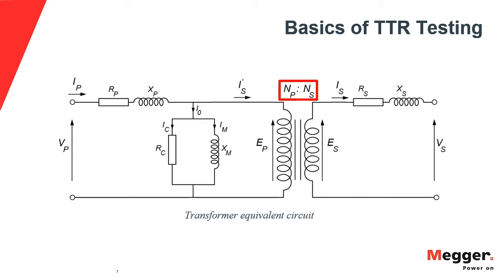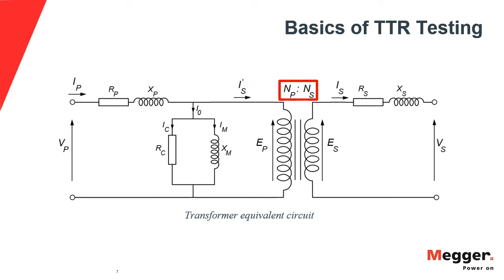So what are we measuring? The name of the test is transformer turns ratio. And as you can see here, what's highlighted in this transformer equivalent circuit is that relationship: the amount of turns that I have on my primary winding compared to the amount of turns that I have on my secondary winding.